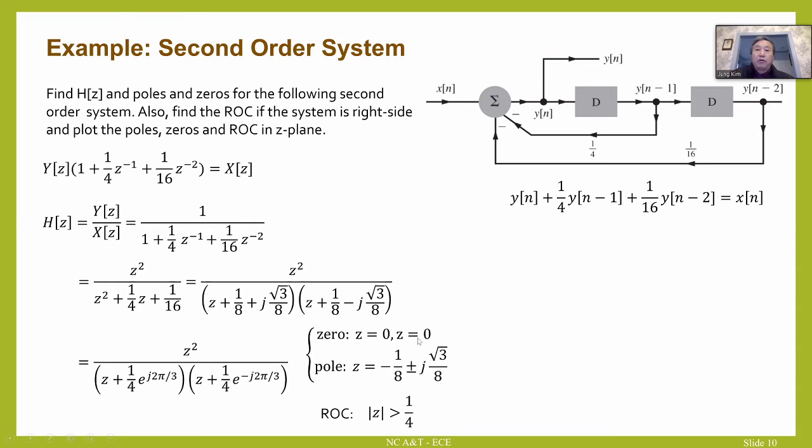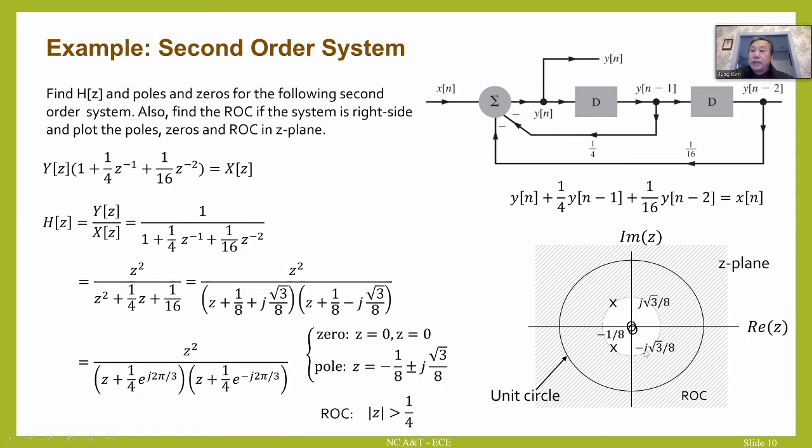The two poles are complex conjugates, and the magnitude is 1 over 4. So the region of convergence is the exterior of the circle of radius 1 over 4.